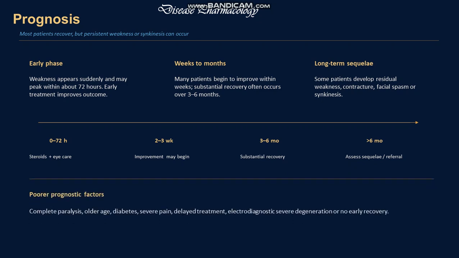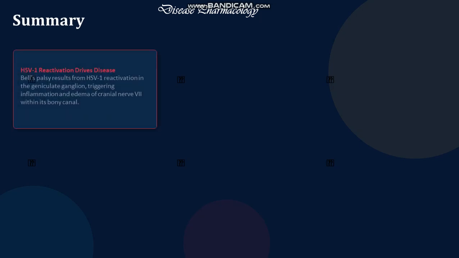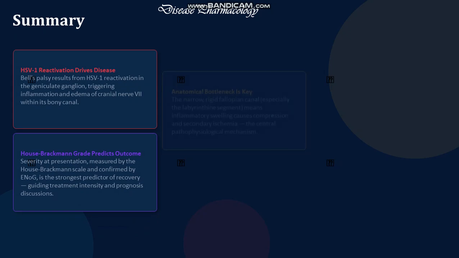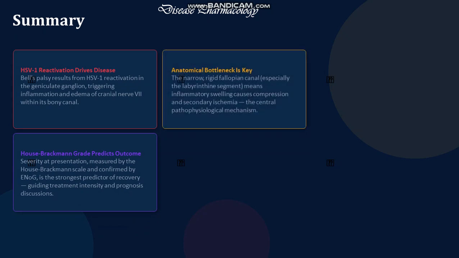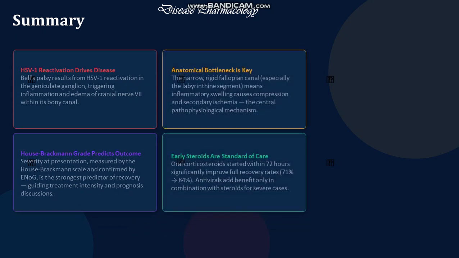Poor prognostic factors include complete paralysis, old age, diabetes, severe pain, and delayed treatment. That is the summary: HSV1 virus, House-Brackmann grading, anatomical bottleneck is the key. Early steroid.